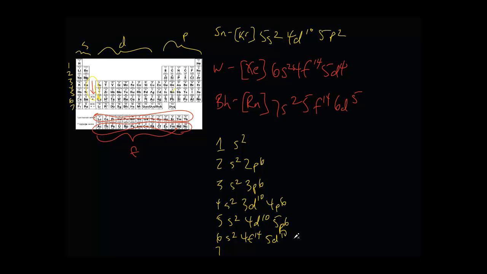And then 6p6, which would be these guys here. And finally, for the seventh period, 7s2, 5f14, 6d10, and 7p6.